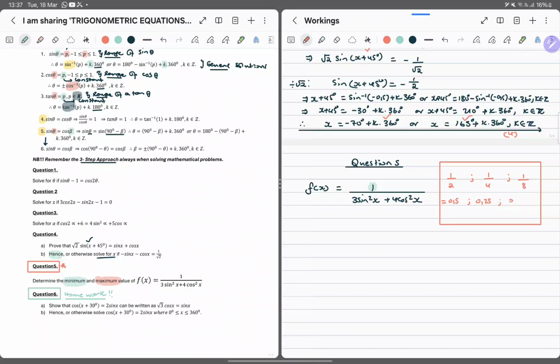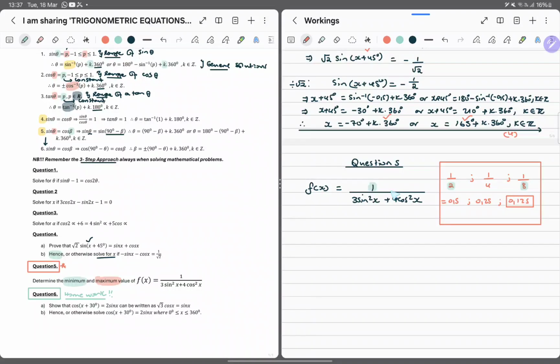The third one is 0,125. Okay, good. But now notice something. As the denominator increases, the value becomes smaller. So we want the denominator to be the greatest so that we can get the minimum value.